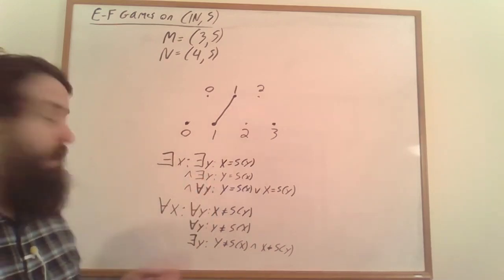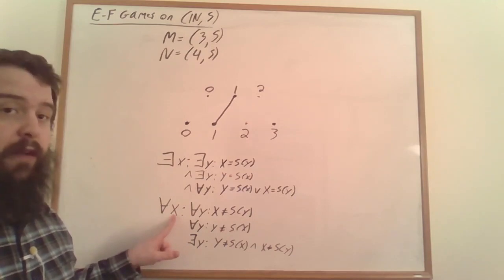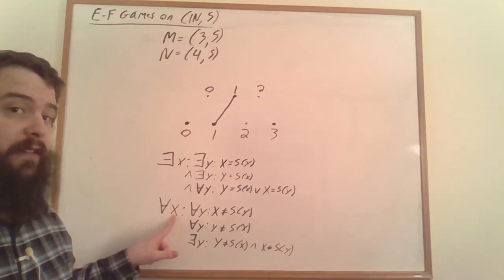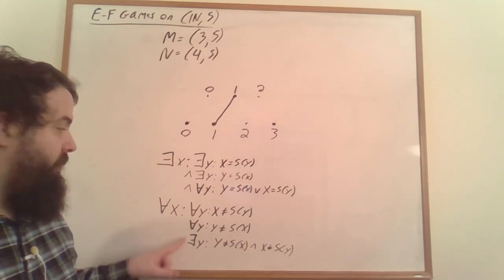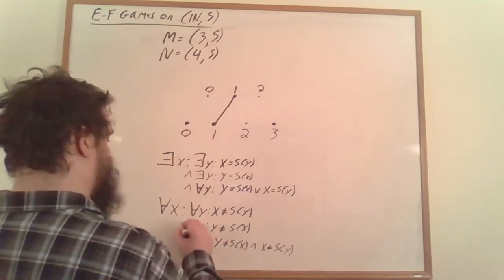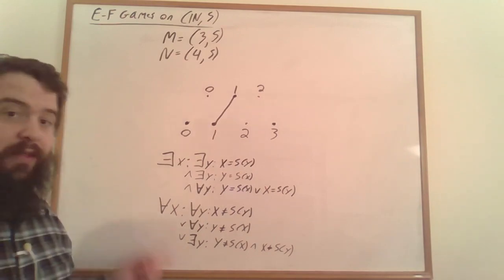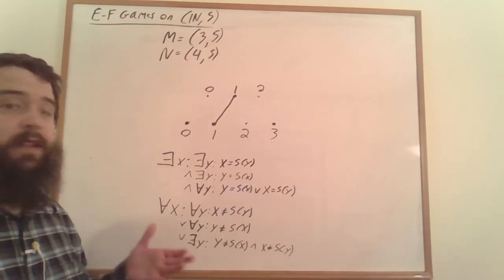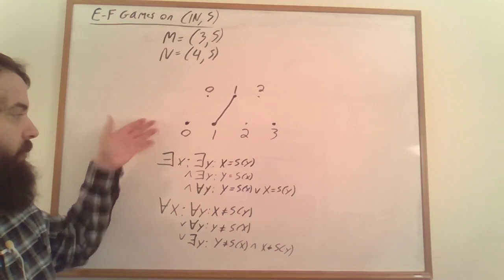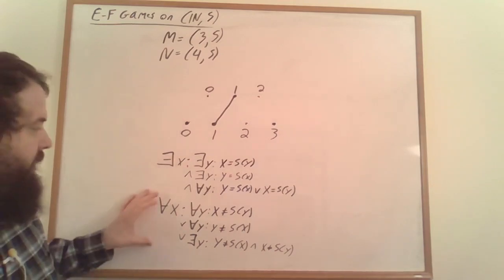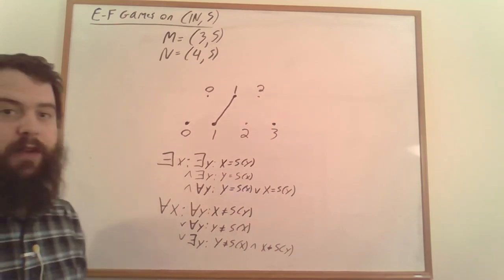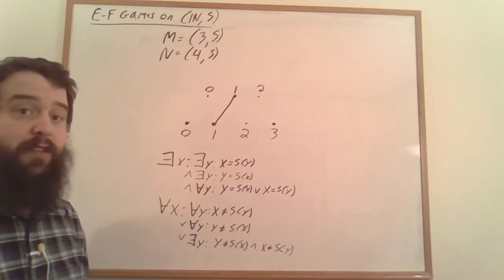On the other hand, depending on how duplicator plays, depending on which x they wind up picking, one of these 3 is going to be true, and so we connect them with ORs. And so here's the difference between the top structure and the bottom structure, written out as a formula that's true of the top structure and a formula that's true of the bottom structure. And they're negations of each other.